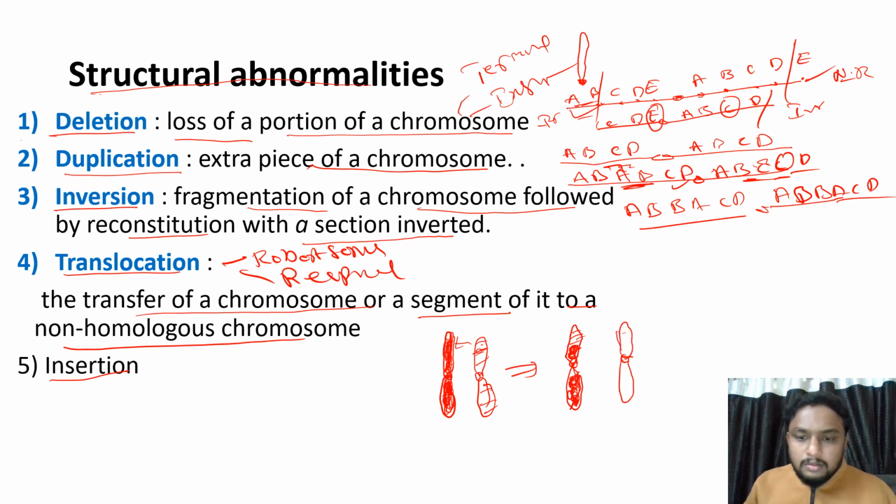One portion is this one, another portion is the other one. A complete arm is changing; a segment or portion of the chromosome is transferring from one part to another. That is called translocation of chromosome. Insertion means the same, where some part is fitting somewhere, coming here and there. So these are the structural abnormalities of the chromosome. I hope you understood.